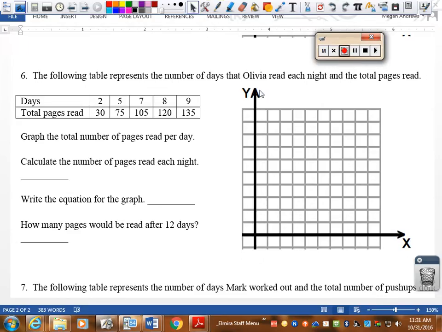So, again, X is the top row, both because it's the top row and it's a unit of time. The y-axis is going to be total pages read. So days, and our highest value is 9. Well, we just did 10, so we know that that will fit counting by ones.